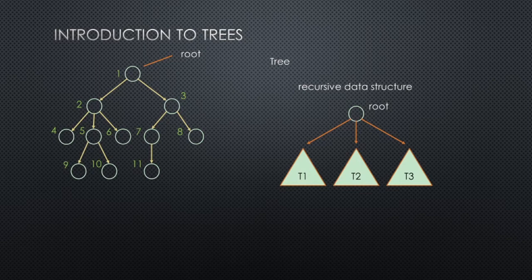T1, T2, and T3 are subtrees. Recursion basically is reducing something in a self-similar manner. This recursive property of tree will be used everywhere in all implementations and uses of tree.